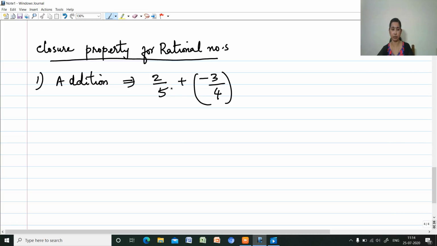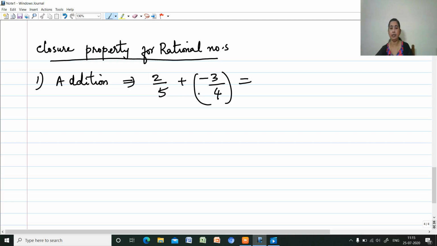One is a positive number, the other one is a negative number. A rational number will be of the form p by q, where the denominator should not be 0. The numerator can be any integer, positive or negative.